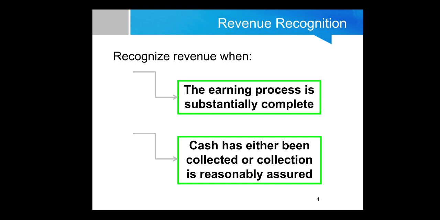Let's say you have a business, and your business will close its account on the 31st of December. On the 30th of December, a customer comes. You provide service to this customer and you charge this customer $50. But the customer says he will pay later, next month.